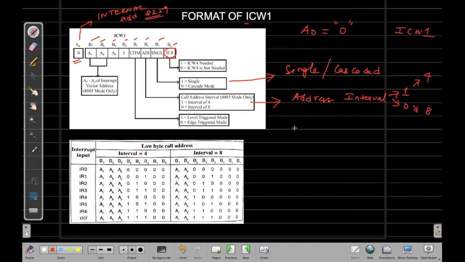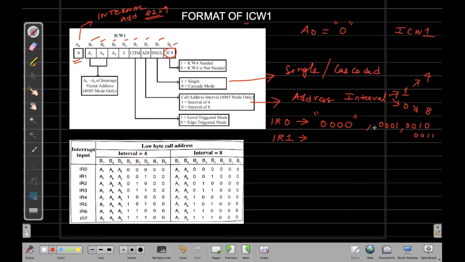Let us assume that the vector address of IR0 is 0000. If I am setting the ADI bit as 1, then the interrupt interval is 4. So IR0 will be 000, and for IR1 the vector address shall be 000, then 0001, 0010.